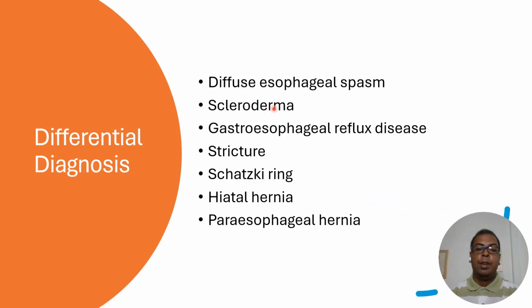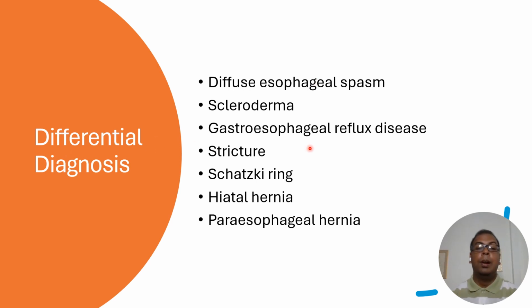All right, so in the differential diagnosis for achalasia, we would see here that there's diffuse esophageal spasms, which is also a functional cause of dysphagia. Scleroderma, which is also a functional cause of dysphagia because there's problems with contraction and peristalsis of the esophagus.